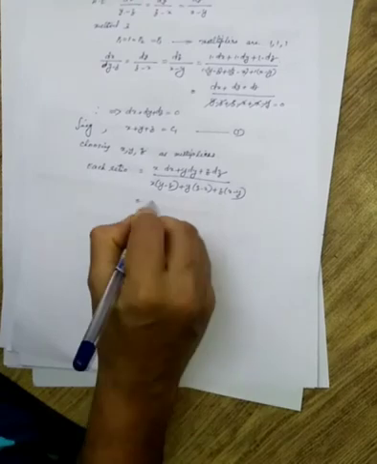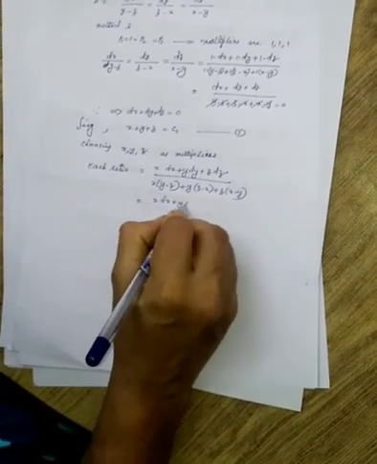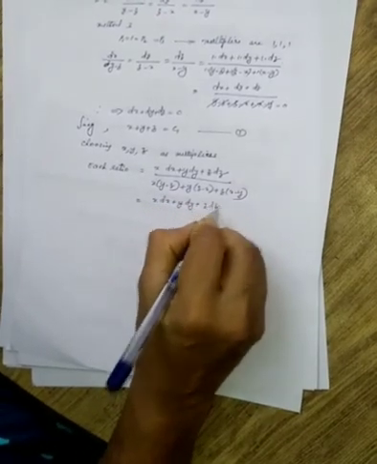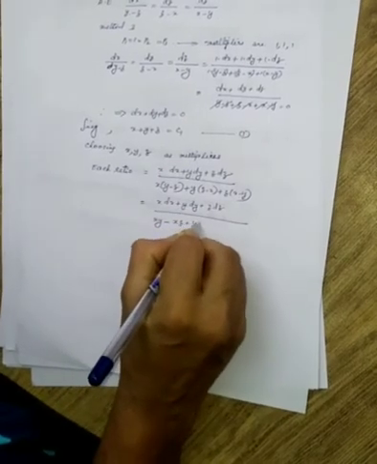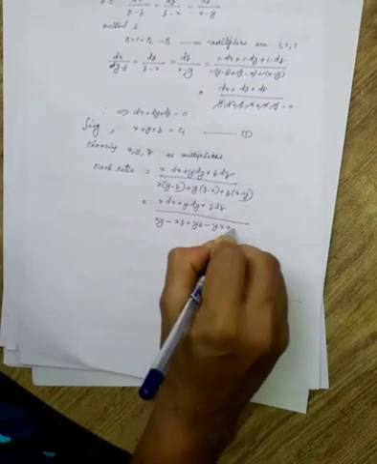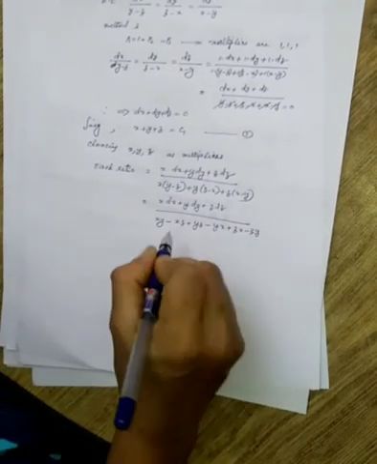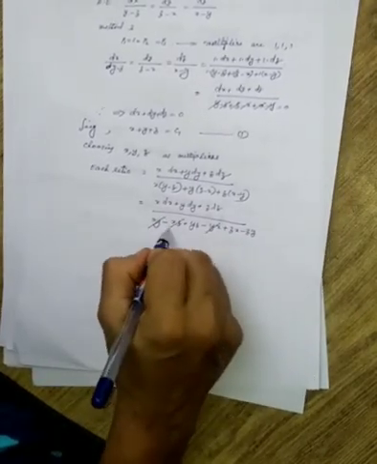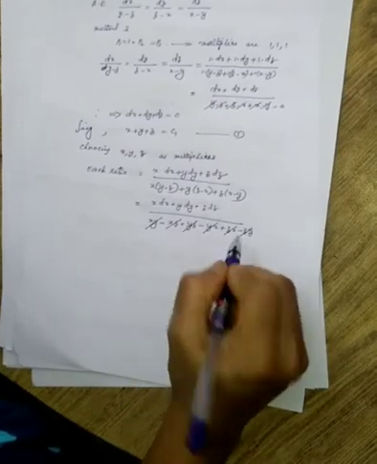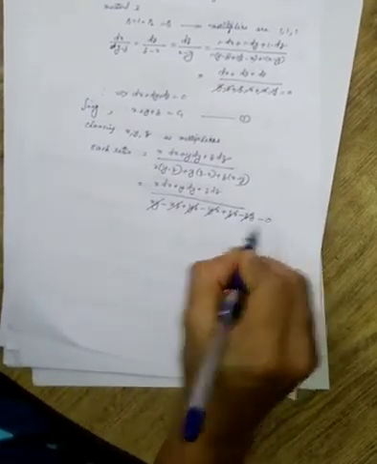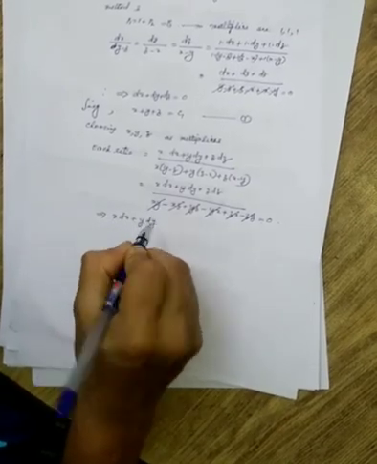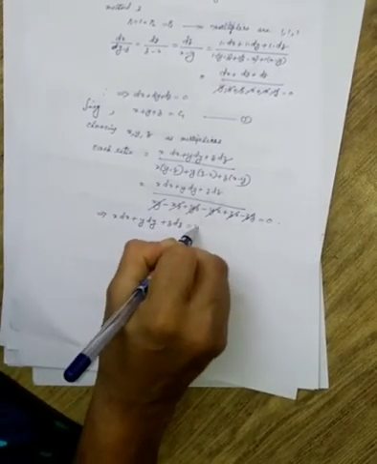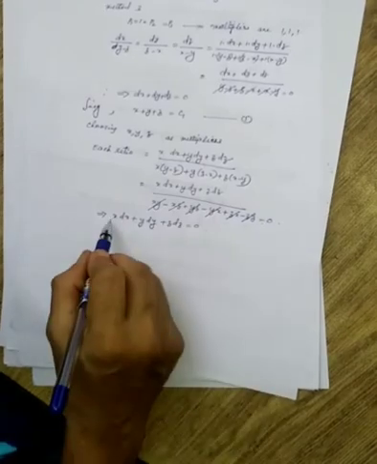That is equal to x dx plus y dy plus z dz divided by xy minus xz plus yz minus yx plus zx minus zy. So xy will cancel, minus xz plus zx, yz and zy cancel. So the denominator is equal to 0, which implies the numerator is equal to 0. Then integrate.